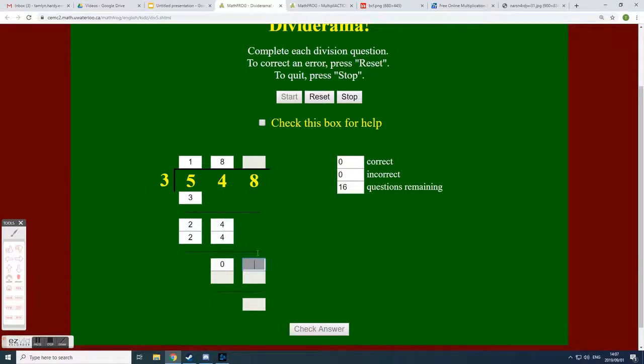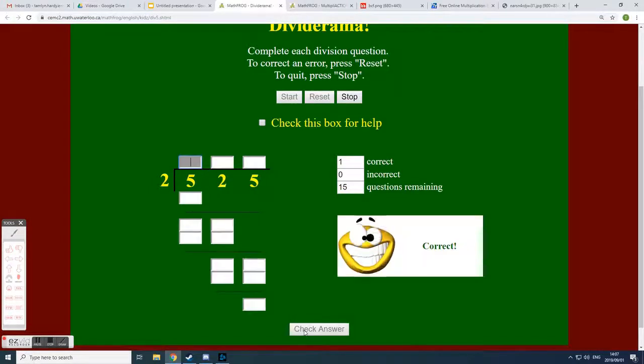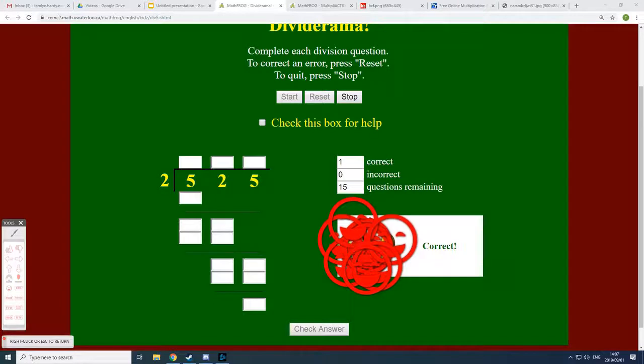Bring down the 8. Then, how many times does 3 go into 8? Only twice. 2 times 3 is 6. 8 minus 6 is 2. Amazing. It's correct. Very creepy face. But basically, if you get it right, it's going to give you creepy face correct. And if it's wrong, it'll tell you that it's wrong, which is nice because you can correct yourself.